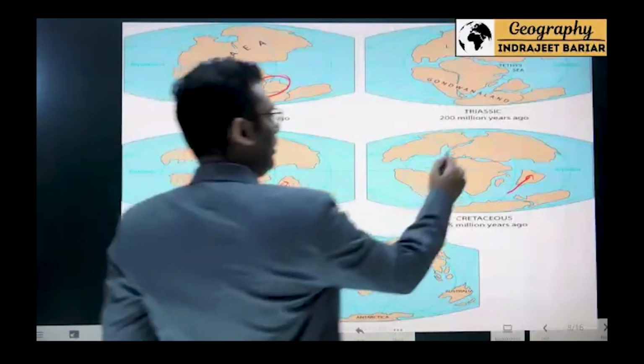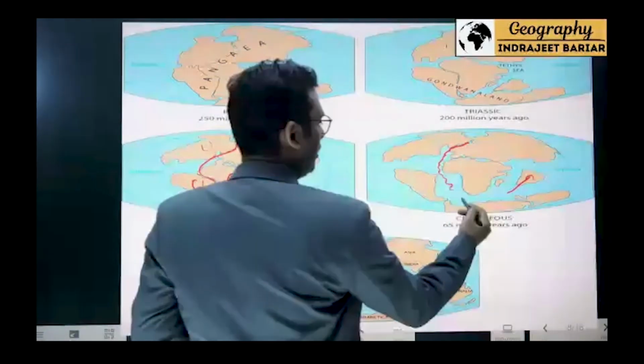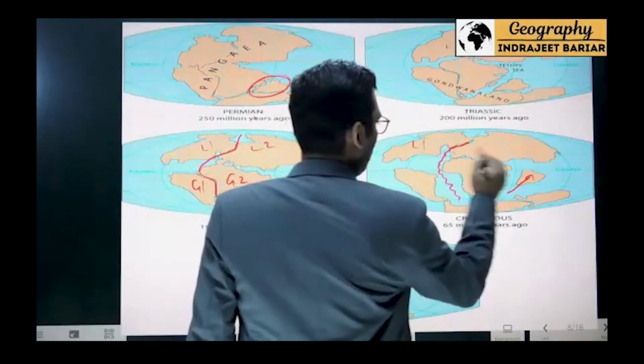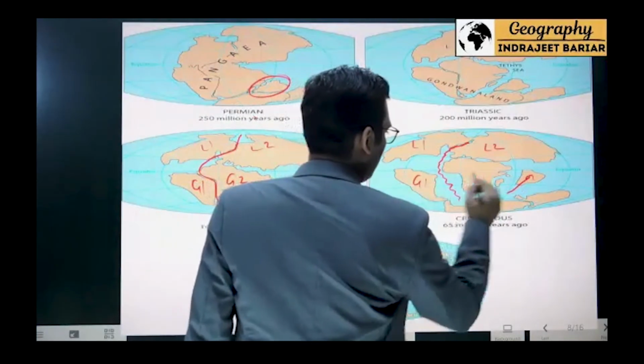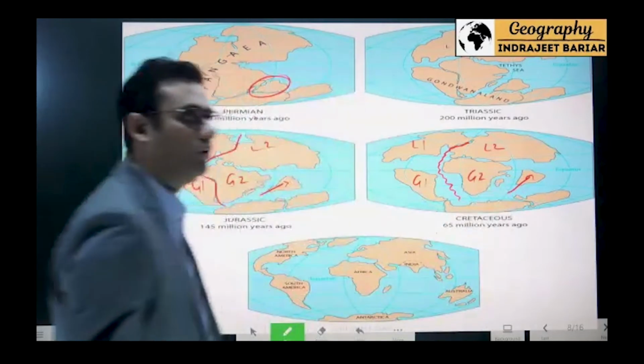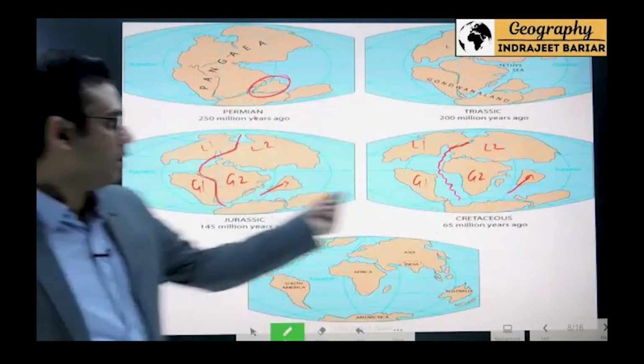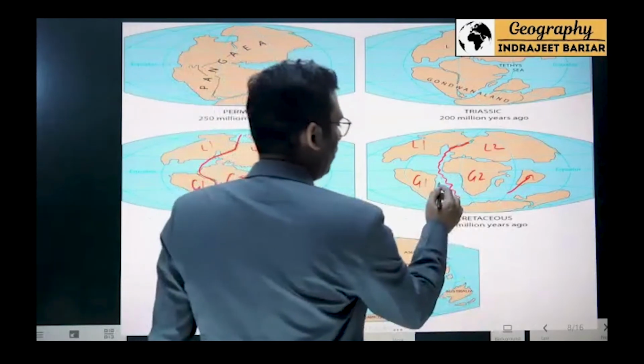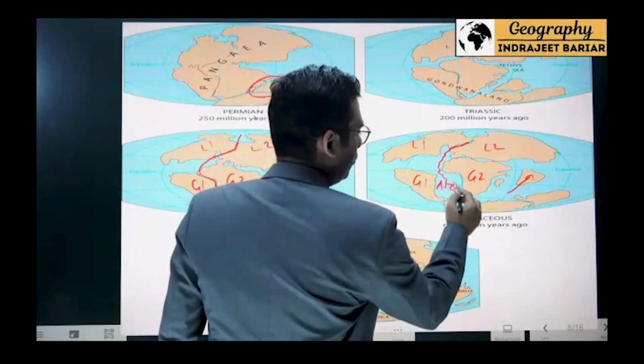And as they started separating, I can see this particular part coming up. ये देखिए, this is L1, this is L2, this is G1, Gondwana land 1, Gondwana land 2. तो as they split, यहाँ पे gap आया, which effectively resulted in formation of what? Atlantic Ocean.